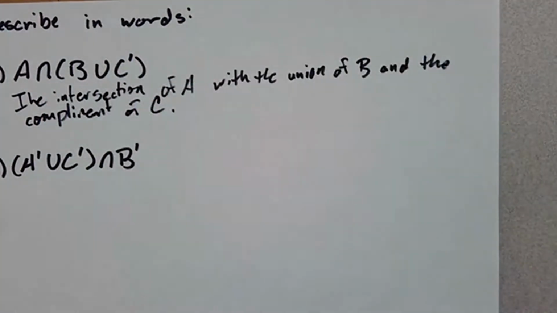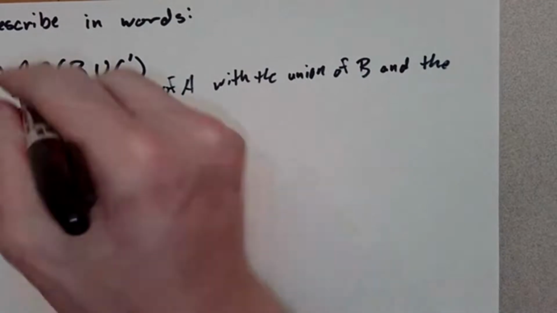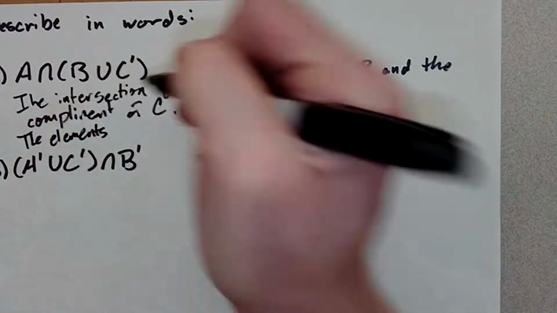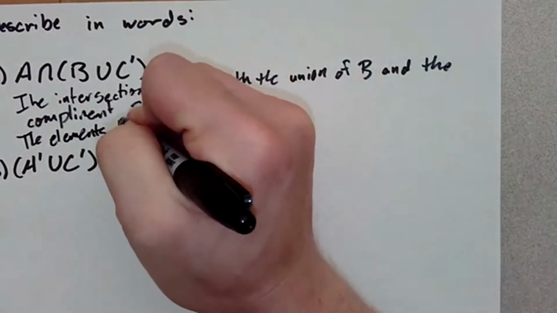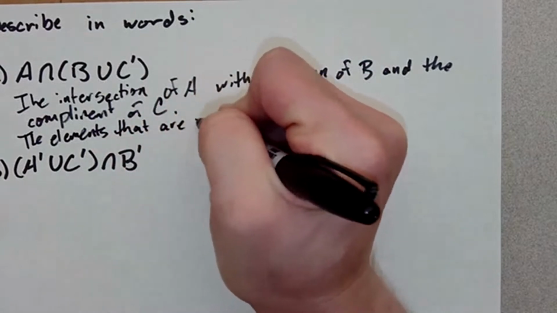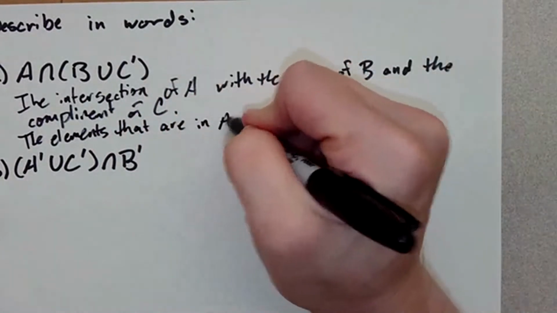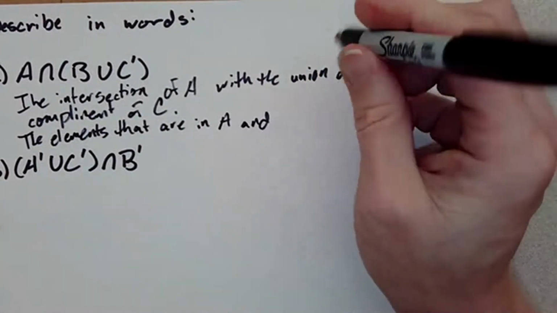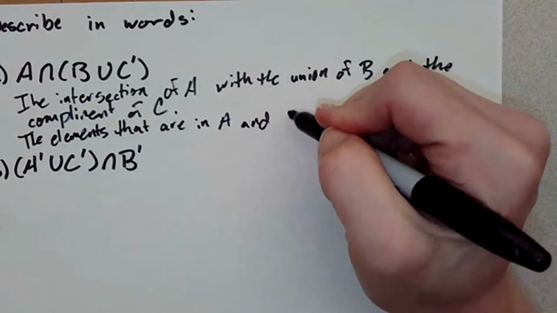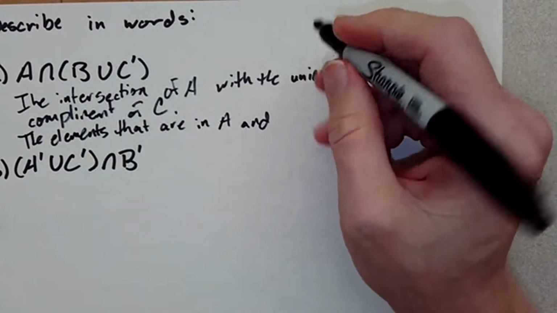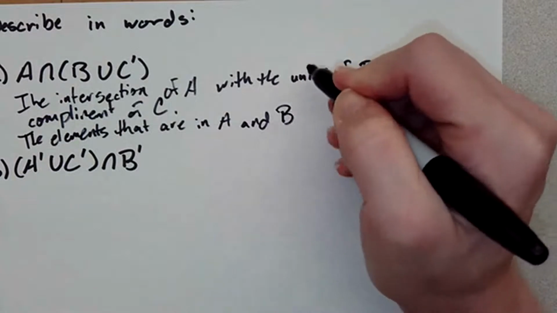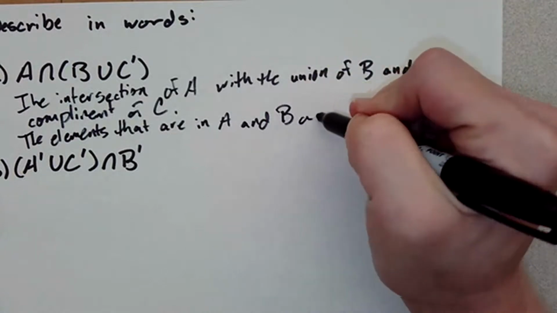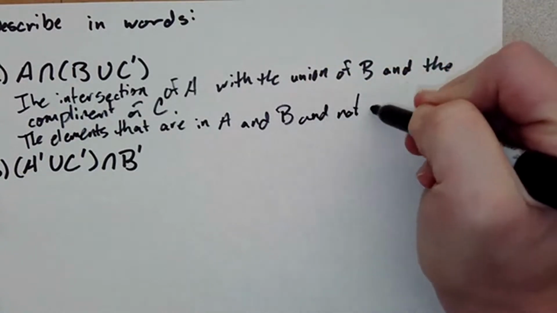Which we could say is the elements that are in A and, trying to think of another way to say this, B and not C. I guess that'll do.